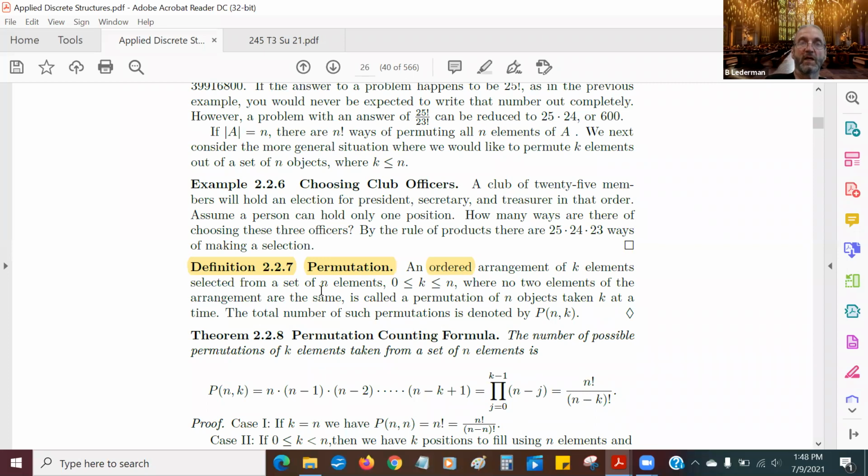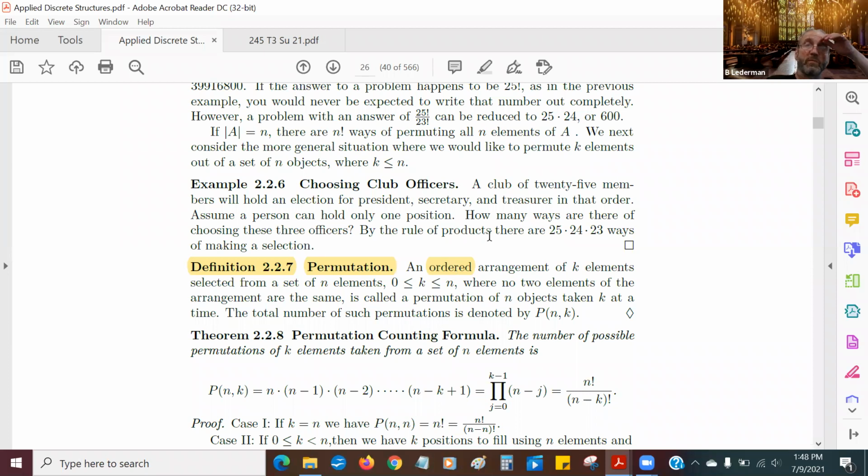An ordered arrangement of k elements selected from the set of n elements, where no two elements of the arrangement are the same, is called a permutation of n objects taken k at a time. In our example here, there are 25 taken 3 at a time, 25 members, 3 officers, and the total such number is called P of n comma k, meaning the number of permutations of n objects taken k at a time.